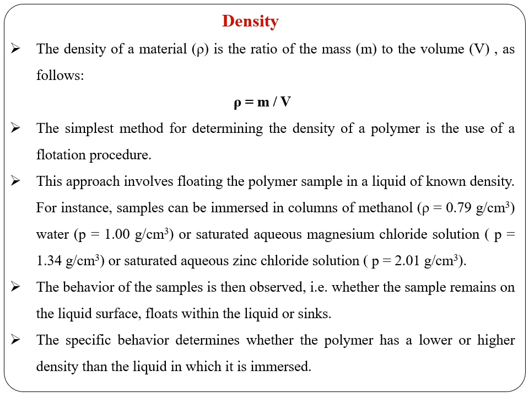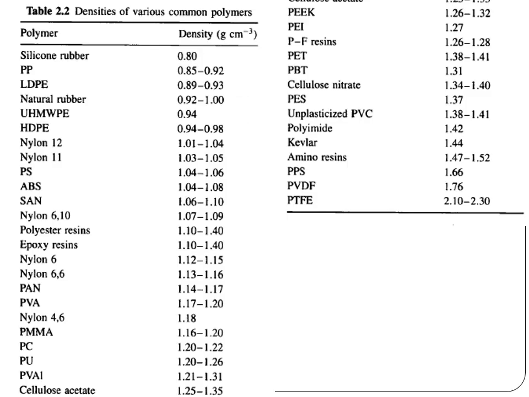The behavior of the samples is then observed, whether the sample remains on the liquid surface, floats within the liquid, or sinks. The specific behavior determines whether the polymer has a lower or higher density than the liquid in which it is immersed. And based on this, we can identify which type of polymer is present in the sample.